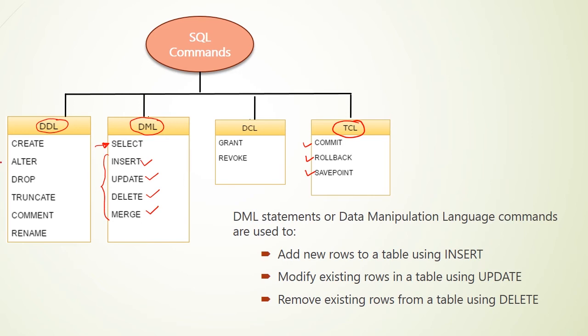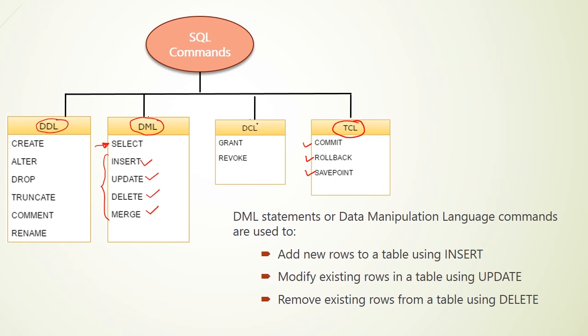Alter is used to modify database objects. Drop, to drop a database object. Truncate, to remove data from tables. Comment, to add a comment to a table or to a column. Rename, to rename a database object, for example renaming a table, a column, or a constraint.